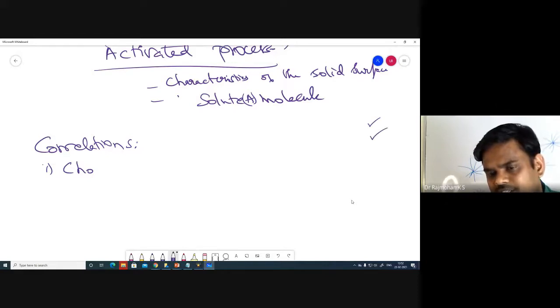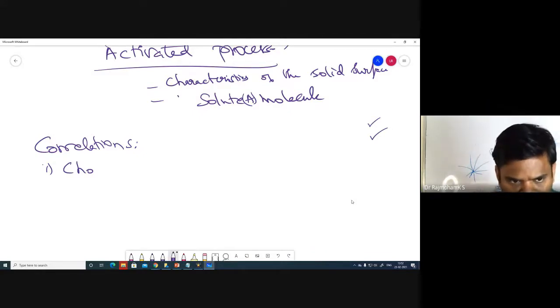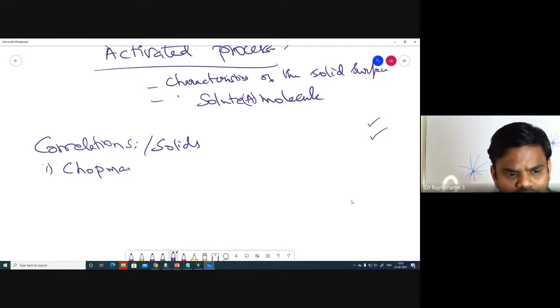For liquids we have seen the Wilke-Chang equation. Similarly, to determine the diffusivity inside solids, we have some correlations. This diffusivity can be determined by the Chopin equation.